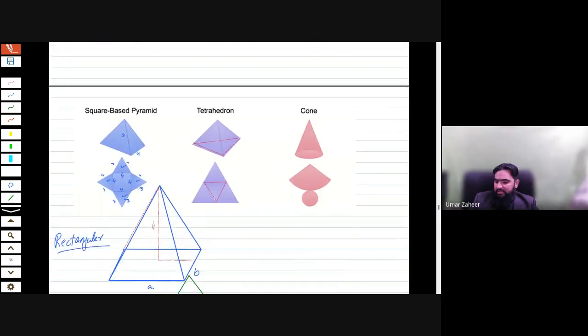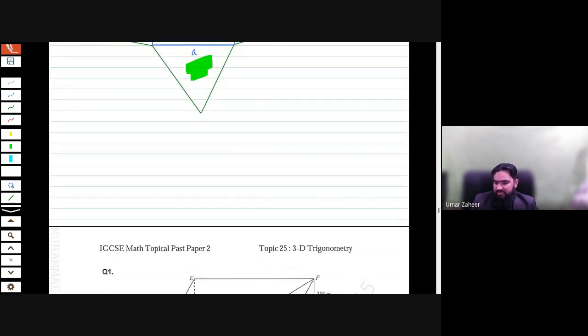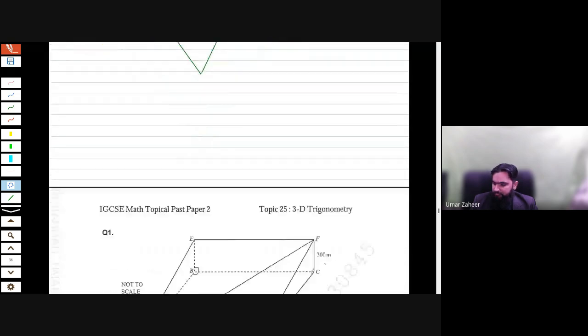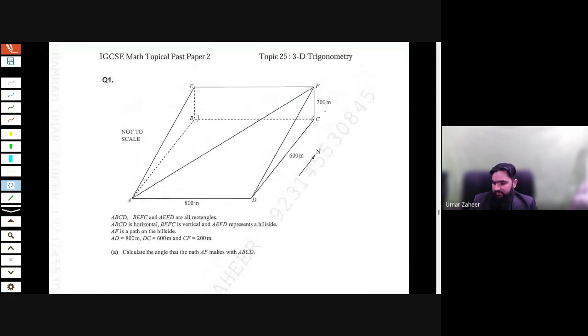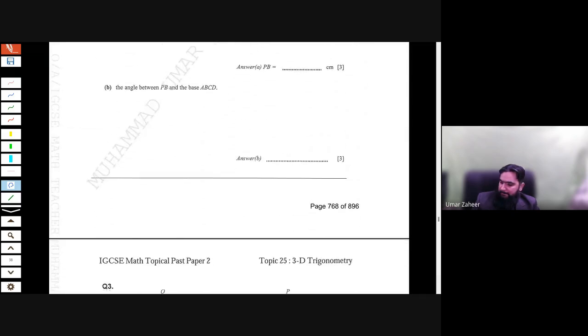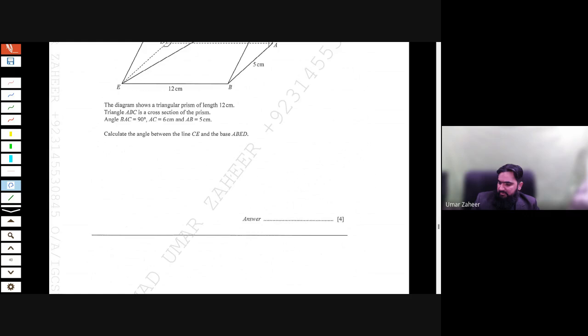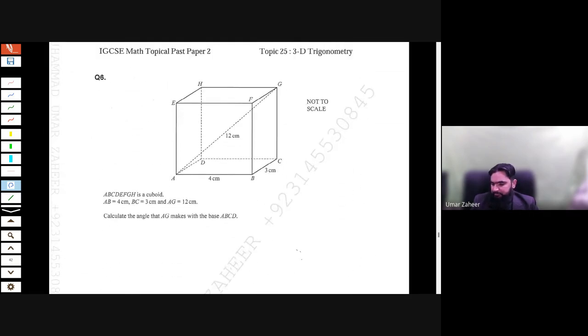Now one most important thing is that he is going to mostly ask this question. Let's try to understand it in the picture. One second, I'll look for the picture. Look here.